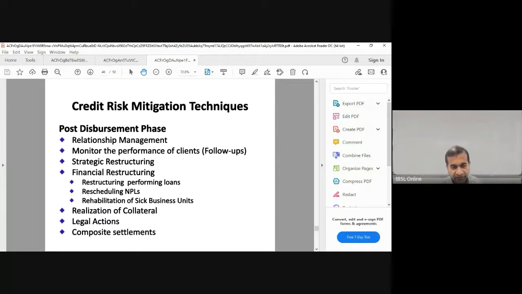So you have single large ticket sizes where everything has to be monitored. For those customers, you need a dedicated relationship manager, and to monitor the performance of the clients, follow-ups, which I will take up later on, how to follow up.